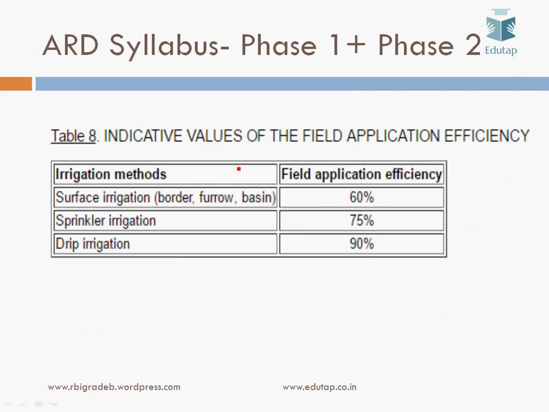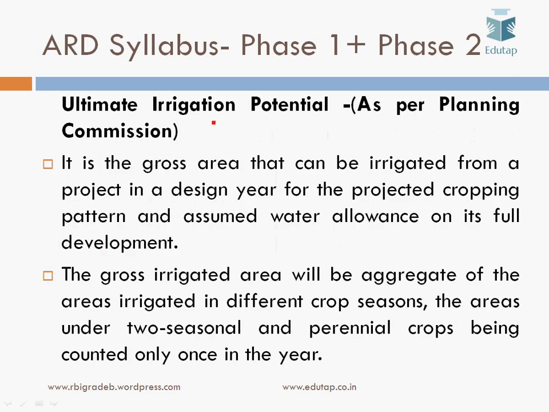And when we see the value of field application efficiency for the different modes of irrigation, for sprinkler irrigation the value is 75%. This is the field application efficiency in case of sprinkler irrigation, which goes up to 90% in case of drip irrigation. Now the next question was about irrigation potential.